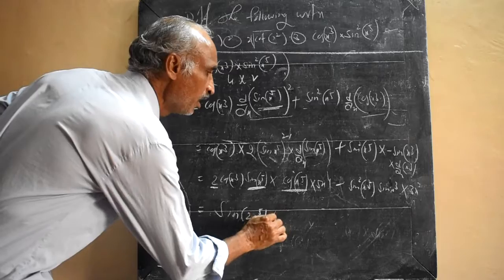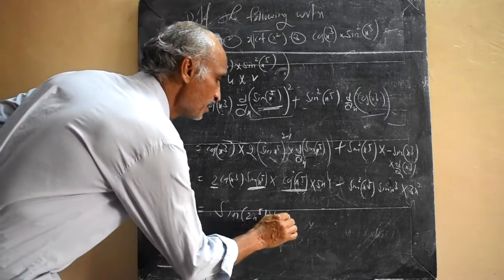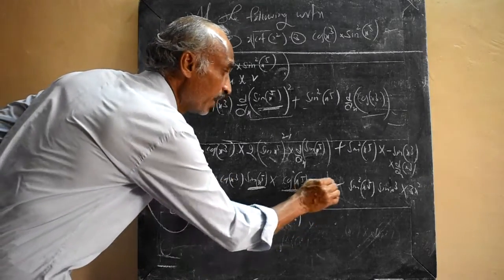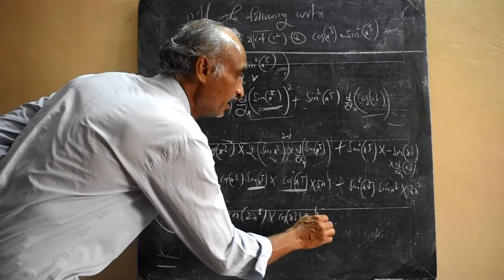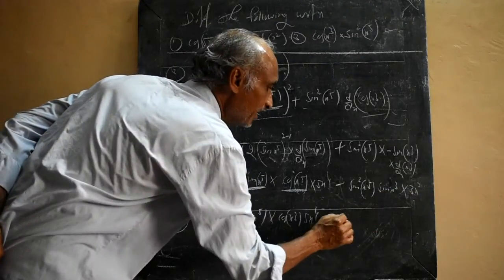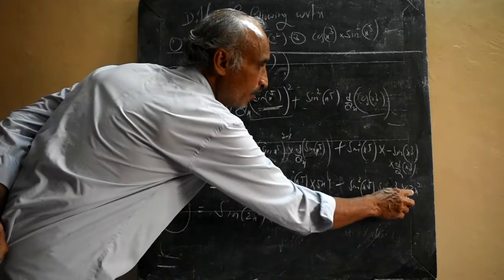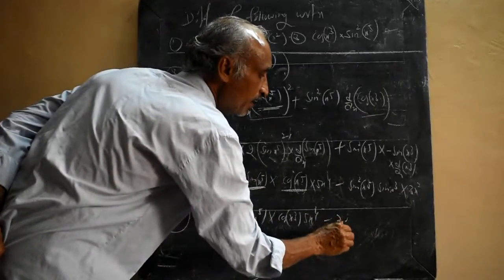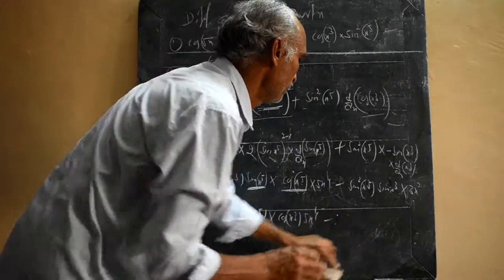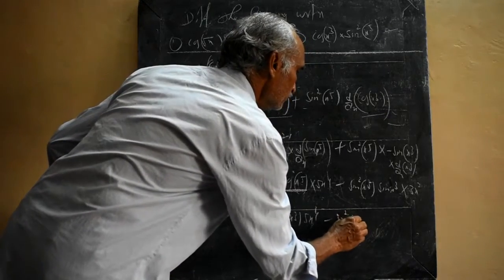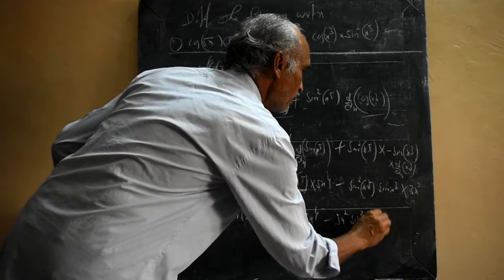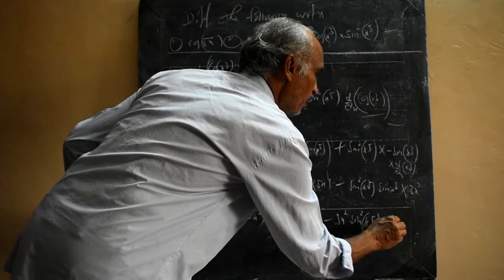Now what are the terms remaining? One, cos x cube remains. Another one is 5x raised to 4 remains. Minus, here we write it as 3x square, number first, then variables: x square sin square x raised to 5 into sin x cube.